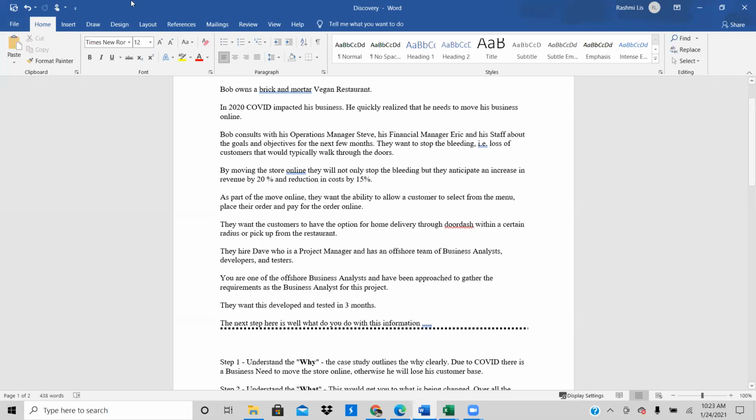And the key is, sometimes it won't be straightforward what's given to you, and sometimes you've got to extract that information, but this is a start. And the trick is, when you see words like "they want," that's a requirement. They want the ability, right? So those are the requirements.